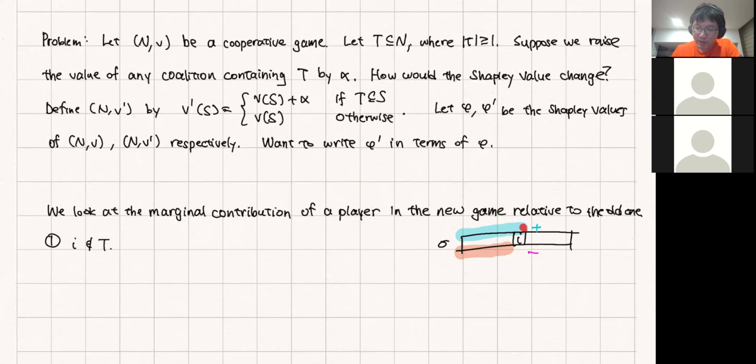The idea here is that i is not in T, so the difference should not really change. We either have all of T in front of i, or not all of T is in front of i.